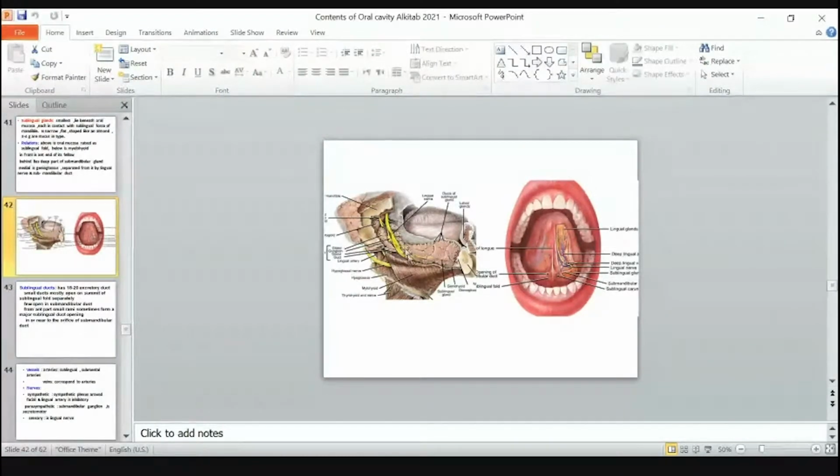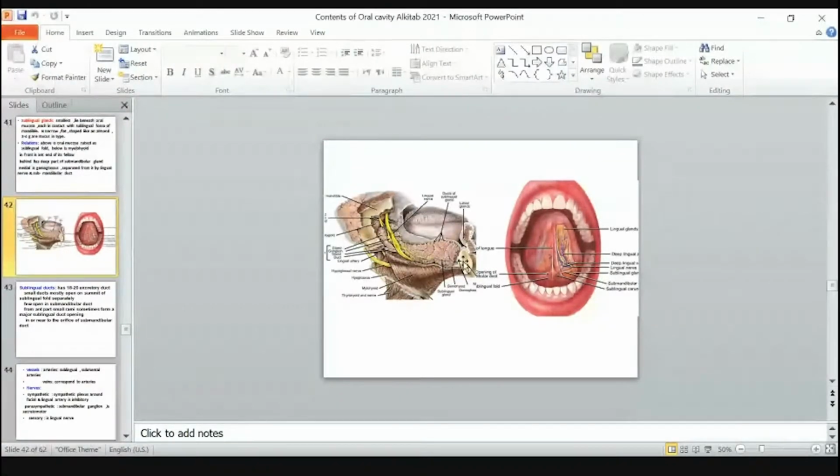The ducts of the sublingual salivary gland, the number of them is variable, there are multiple ducts from 8 to 20. Some of them open directly through minute openings. You see I have raised the mucosa from here, and you see these small minute ducts of the sublingual gland, which open directly into the floor of the oral cavity.